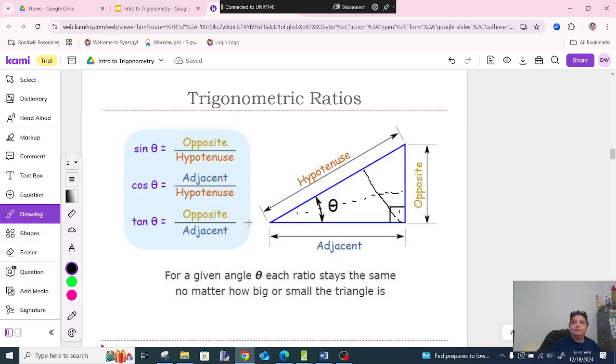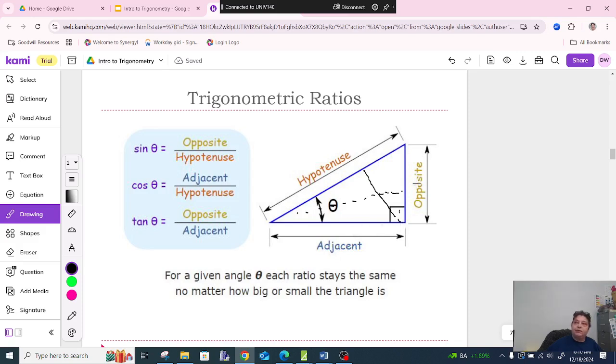This is the angle that they referenced. Opposite is across. Hypotenuse hasn't changed since we've been doing the Pythagorean theorem. It's always across from the 90. Adjacent is the only one we really haven't talked about. If you label your opposite and label your hypotenuse, adjacent is the last one.